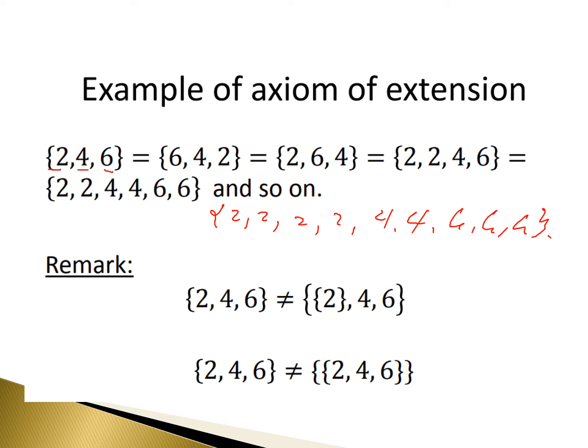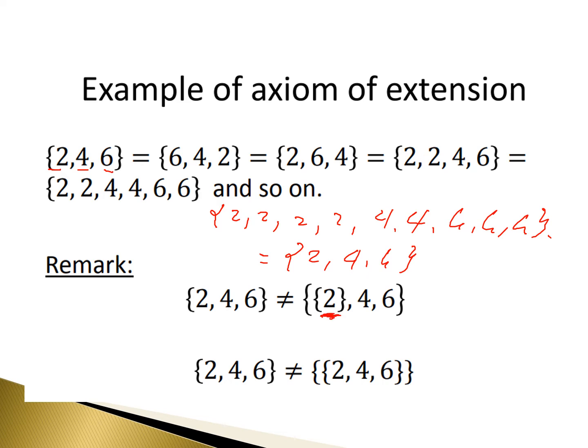They are all the same in value, which is 2, 4, and 6. But take note of this remark. {2, 4, 6} is not the same as a set that has another element 2, then 4, so that is what makes it differ. The meaning is different.